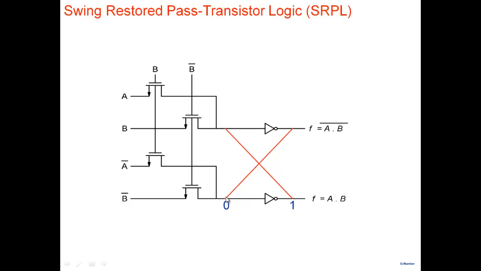So if this was supposed to be a 1, it would be a weak one, and this was supposed to be 0 here, so this 0 will generate a strong one here, and then pull this particular node up. But there are many such versions of pass transistor logic, different ways of making a weak one into a strong one, right?